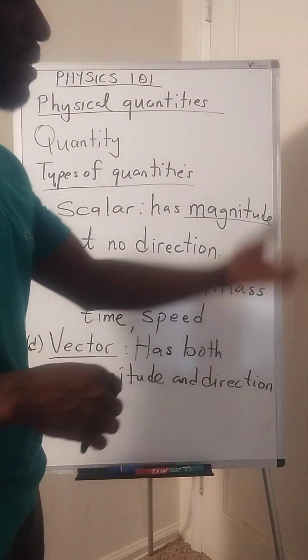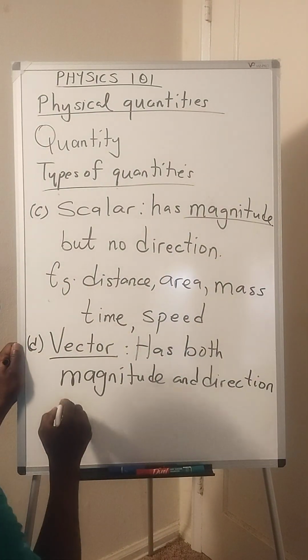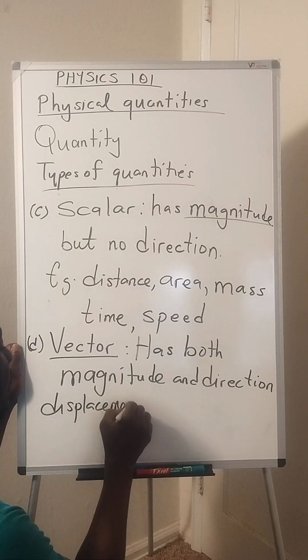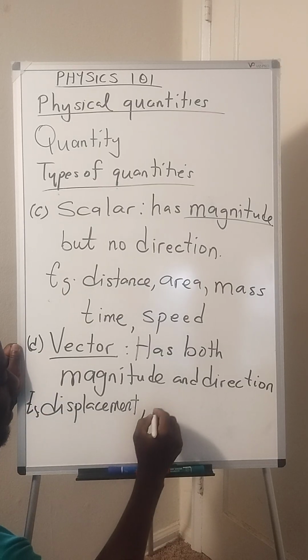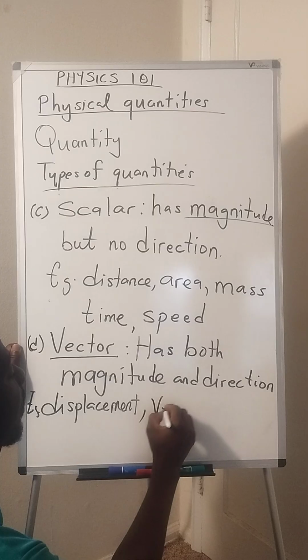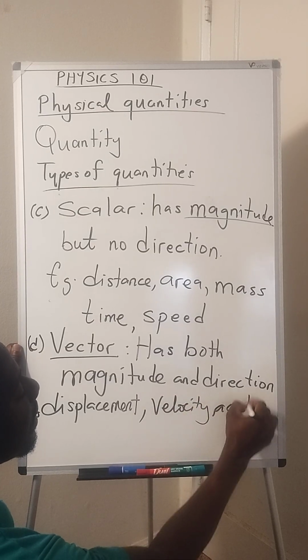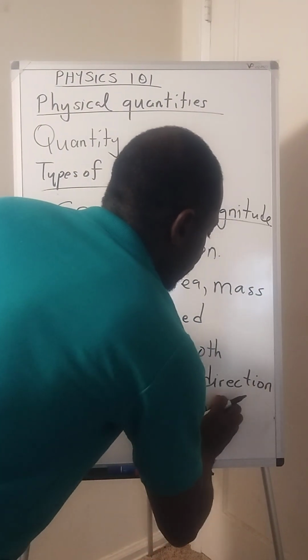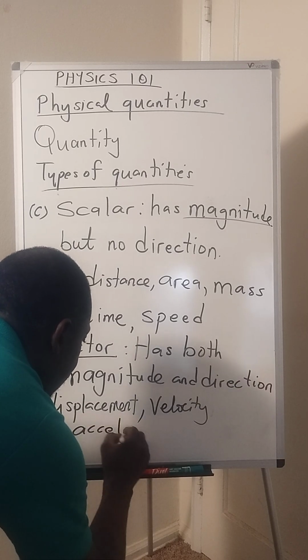And so, a typical example of a vector quantity includes displacement, velocity, just to mention a few, acceleration.